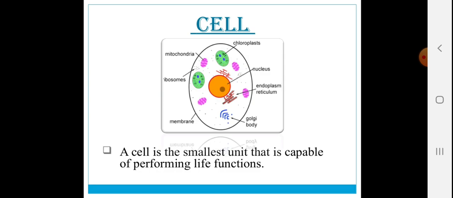Also you can see the cell membrane, and all these cell organelles lie within the cytoplasm. So a cell is the smallest unit that is capable of performing all the life functions. This is the basic definition of a cell.